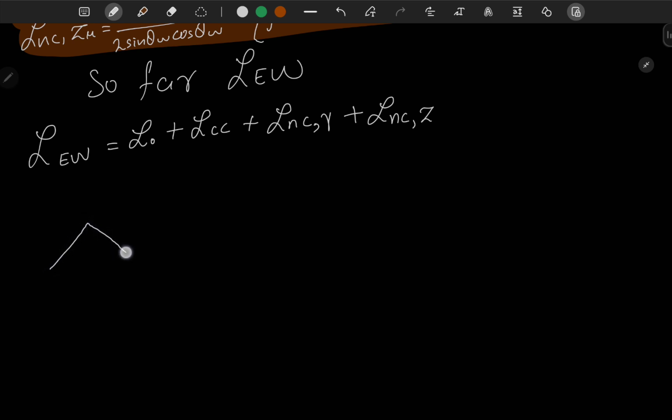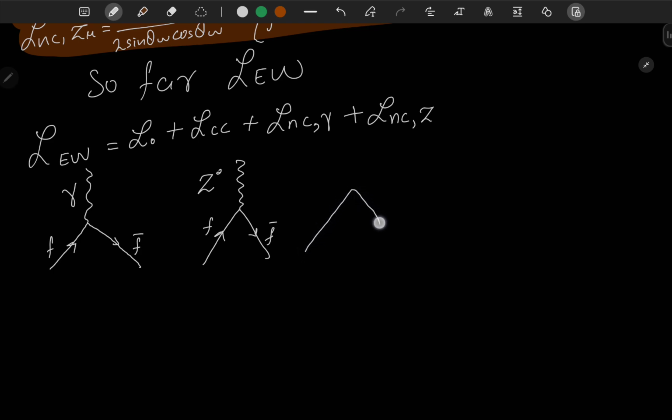It can tell us the interaction of fermions mediated via photon, the interaction of fermions via Z boson, and the interaction via W plus and W minus.